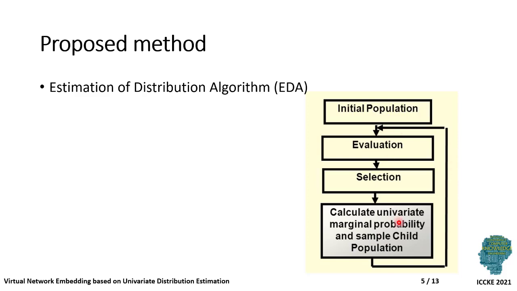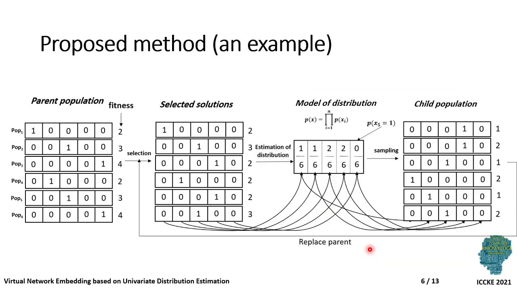And if we complete this process, we can find the optimal solution much sooner than using the genetic algorithm, because the previous heuristic algorithms try to search all of the space, but these kinds of algorithms, by constructing a distribution model, try to find the optimal solution much sooner than the others.